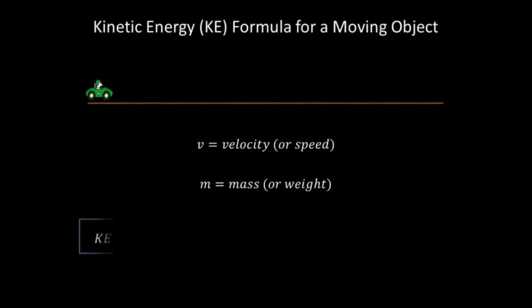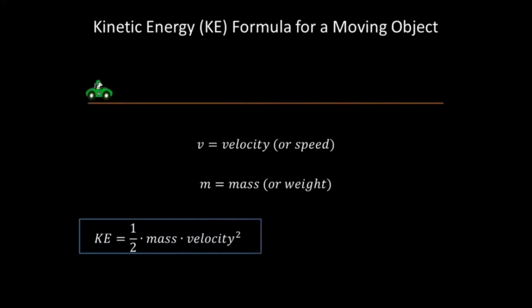Our formula for the kinetic energy of a moving object is 1/2 the mass times the velocity squared. And we normally write this as the kinetic energy equals 1/2 mv squared.